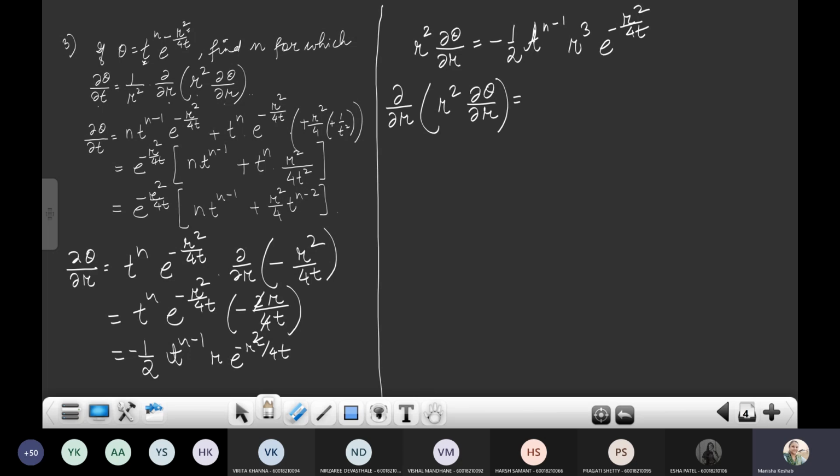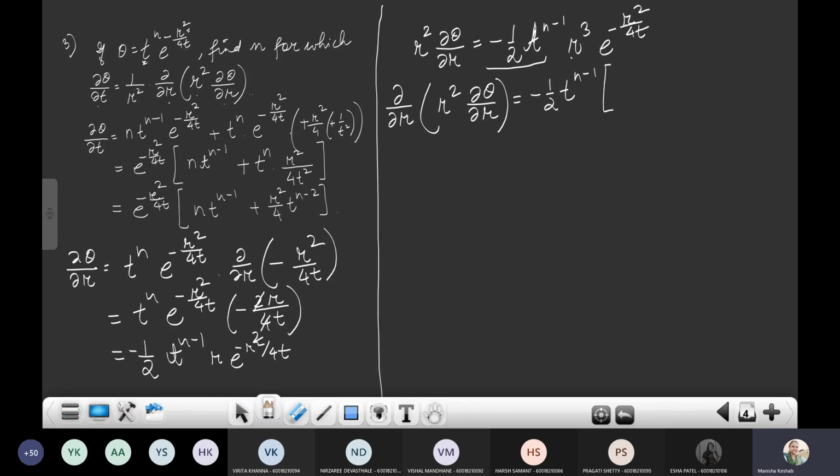Now from here, because we are differentiating with respect to r, so you can take out all the constant. Now what will be the constant? This part. So minus half t power n minus 1 will behave as a constant. And then you have your r cube, that is function of r, and here also r. So you have to apply what? UV rule.